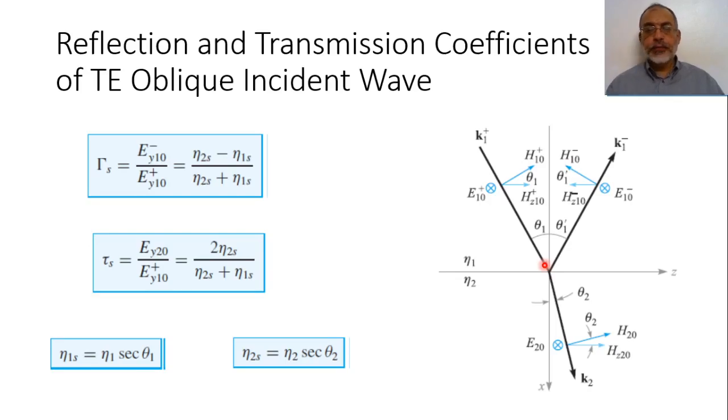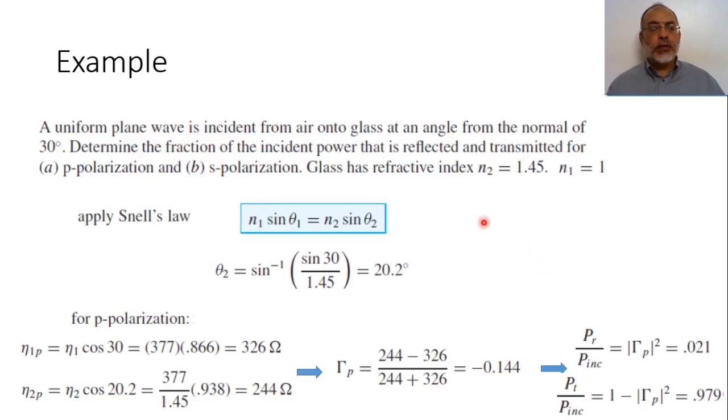All right. Now let us have an example. We have a uniform plane wave incident from air into glass at an angle from normal incidence of 30 degrees. So the angle of incidence, theta 1, is 30 degrees. Determine the fraction of the incident power that is reflected.